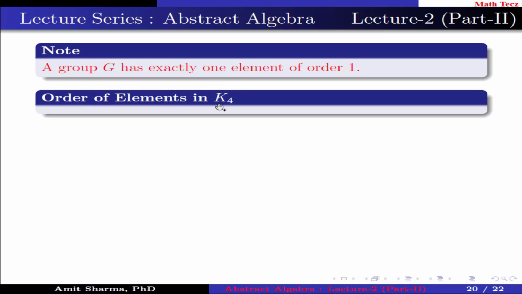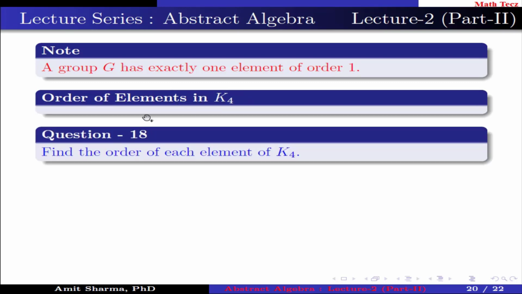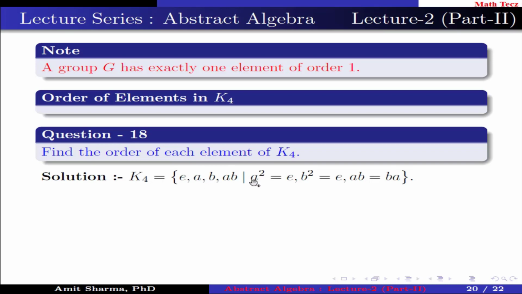Order of elements in K4. Question number 18. Find the order of each element of K4. We know that K4 contains the elements E, A, B, AB such that A square equal to identity, B square equal to identity, AB equal to BA. Now order of E is 1 because E is the identity element.